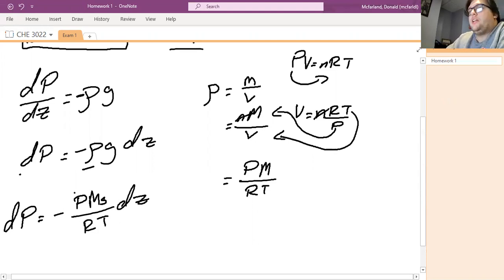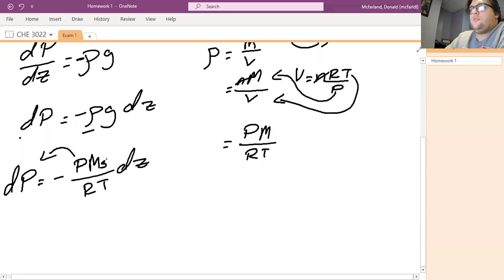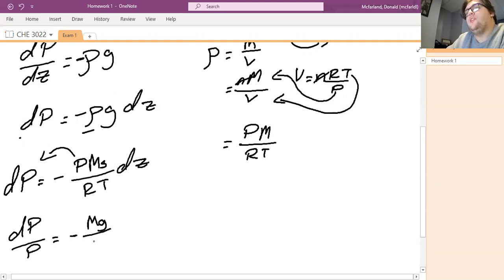So you get like terms on like sides, move this over here. So dP over P is going to be equal to negative molar mass times acceleration due to gravity over gas constant times temperature, dz.